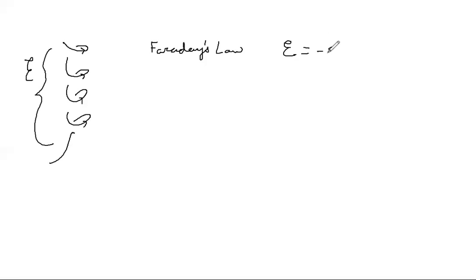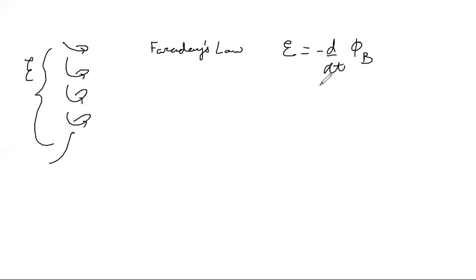I have a solenoid with current flowing, and we're going to imagine that the current is time dependent. We know Faraday's law says that the EMF, between the two ends of the solenoid, equals minus the rate of change of the magnetic flux.